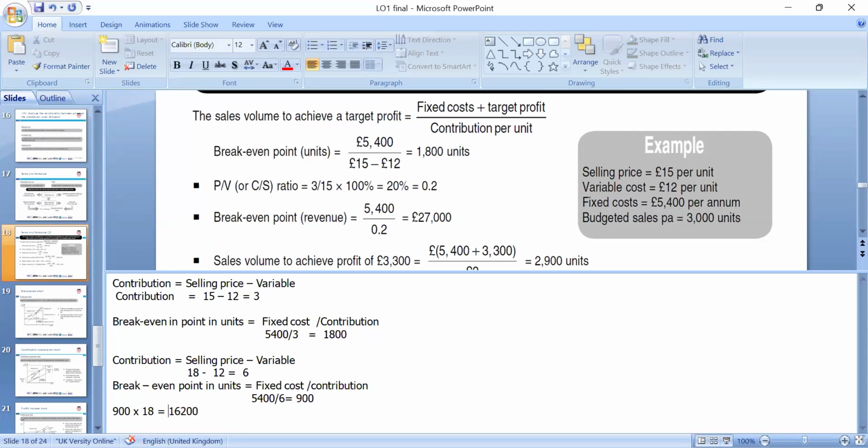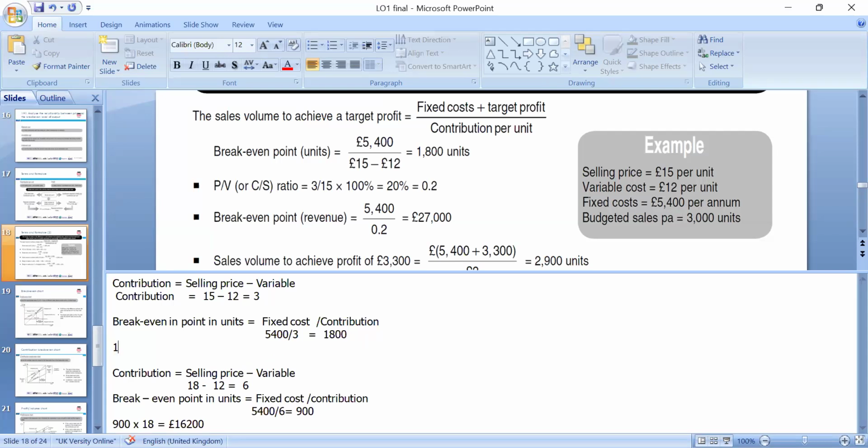If you make sales of 16,200 pounds, you will break even. Before that, how much did we need to make in sales? 1,800 times 15. So how much was it before?